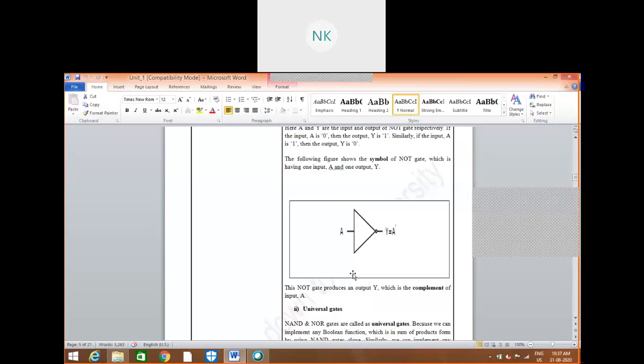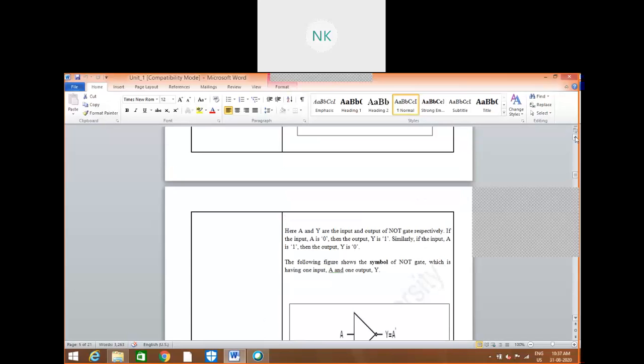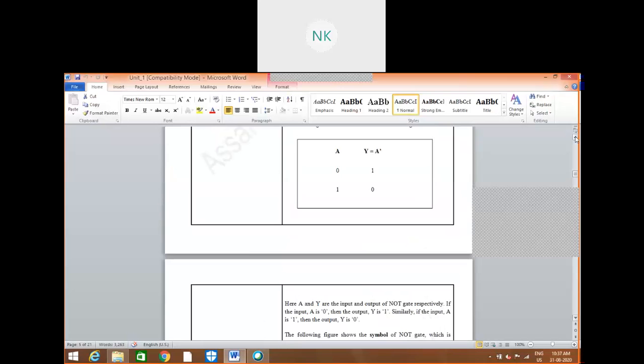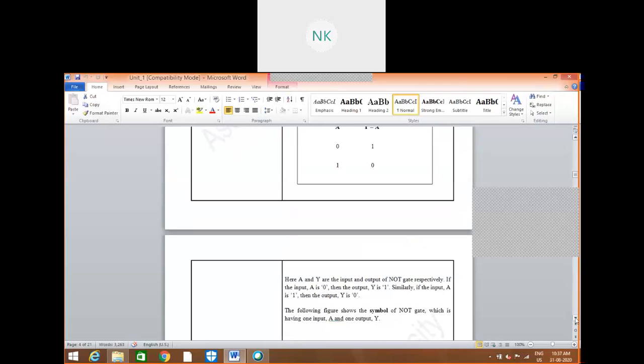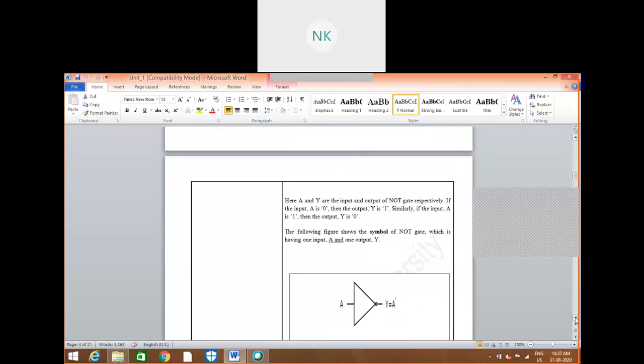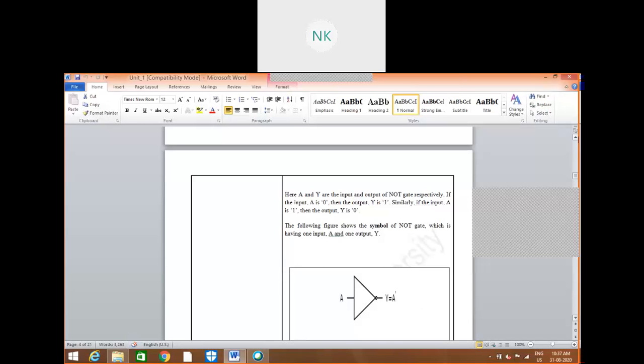So the NOT gate is the conversion, or you can say the complement, of the input: conversion of input, inversion. Basically, in the case of the NOT gate, since we have only one input signal A, we have two possibilities: the input will be either 0 or 1.